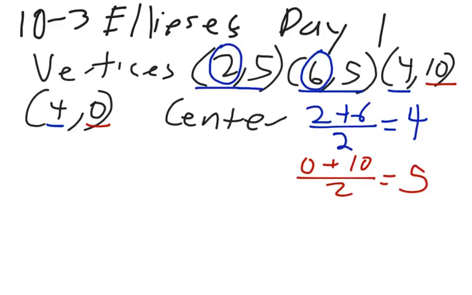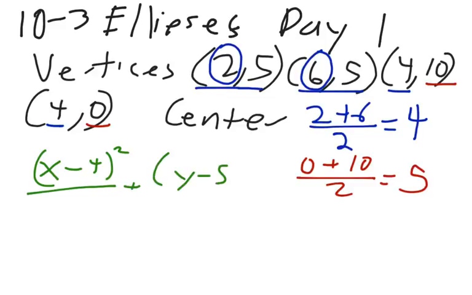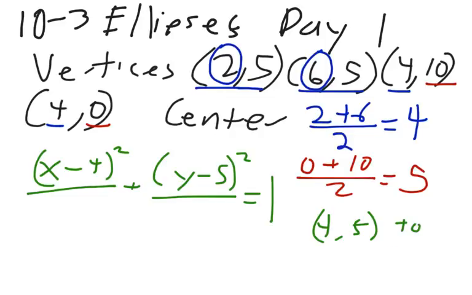So, to start us off, we have x minus 4 squared over something plus y minus 5 squared over something else, and we always have this equals 1. Well, how far is it from our center, which is (4, 5), to either one of our values that changes with x?